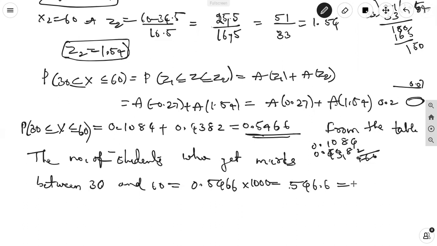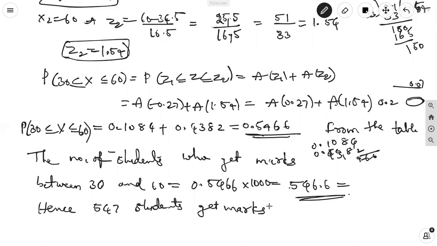That is almost 547 students. So hence 547 students get marks between 30 and 60. It is the solution.